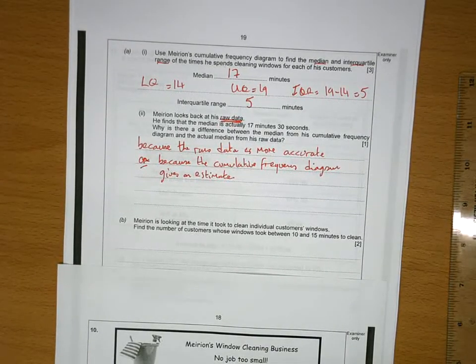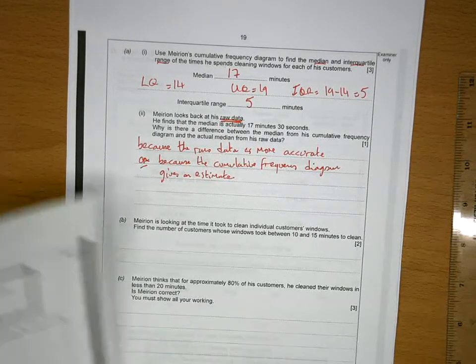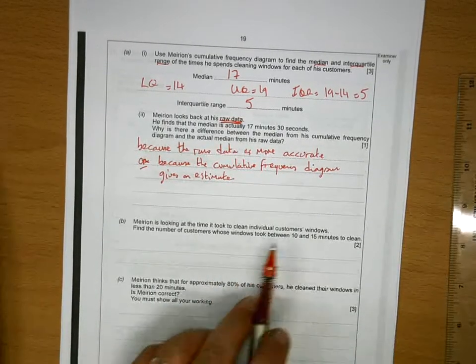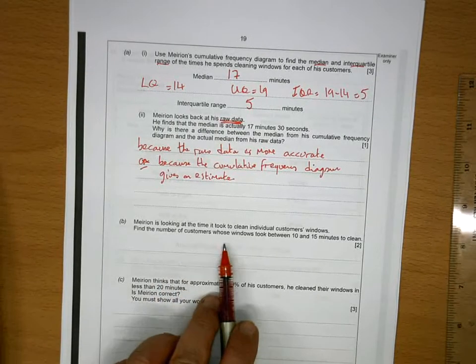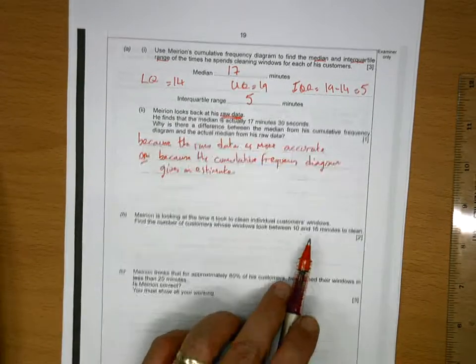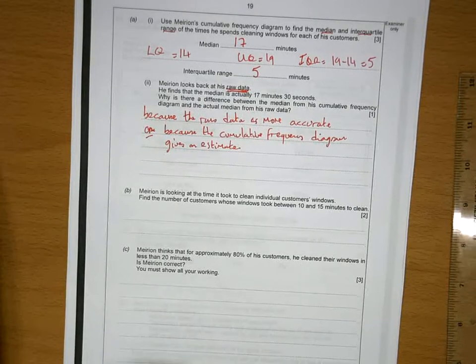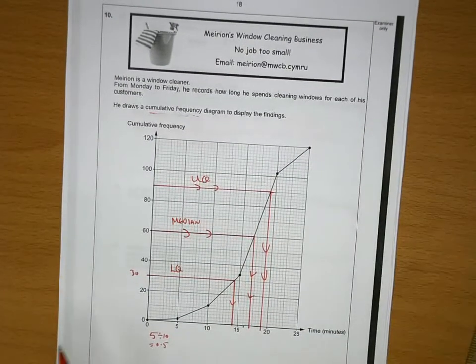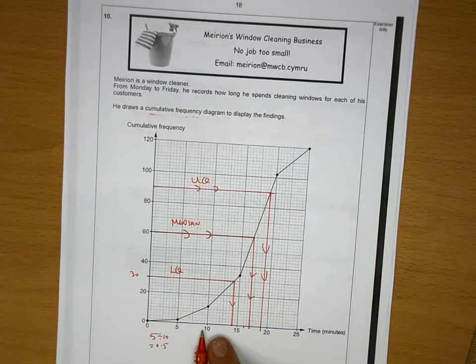Part B. Myrion is looking at the time it took to clean individual customers' windows. Find the number of customers whose windows took between 10 and 15 minutes to clean. So when you read off a cumulative frequency graph, it tells you less than.